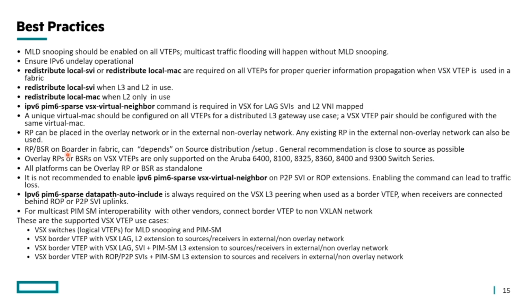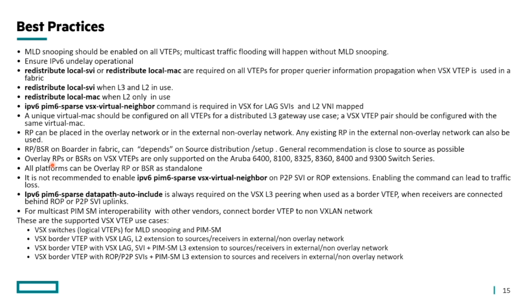Then positioning of the rendezvous point or the bootstrap router can be on the border fabric or the border VTEP. But it's all about, it depends. You can't predict where your sources and receivers are, and that's really a general recommendation, is to put the RP as close to the source as possible, but that's not always practical.